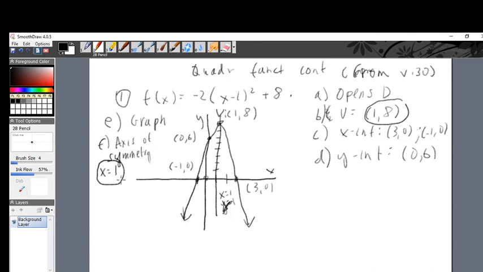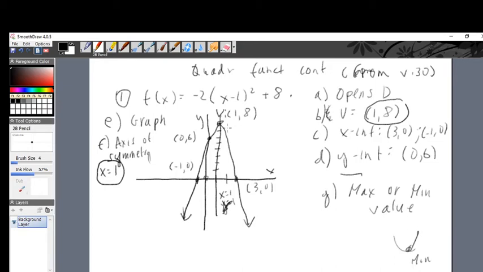Now, the next question was G, maximum or minimum value. This one has a maximum because the vertex is on top. If it opened upwards, then it would have a minimum.